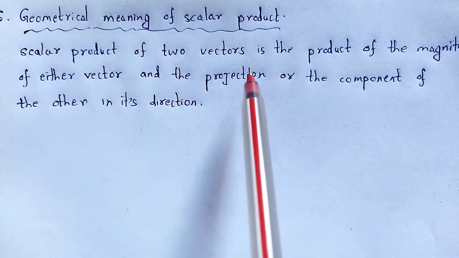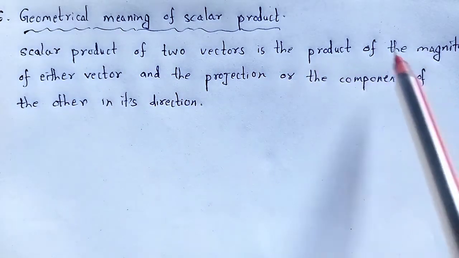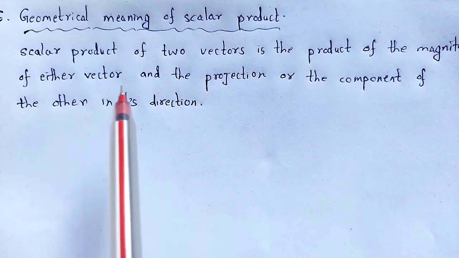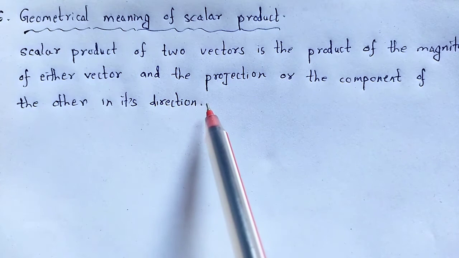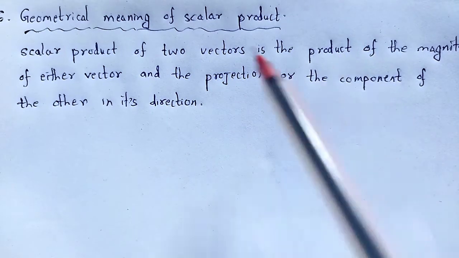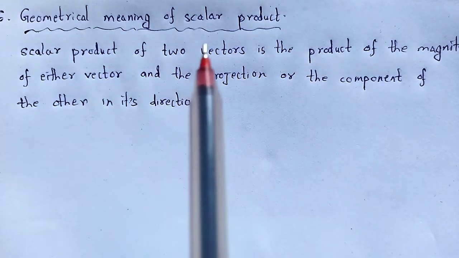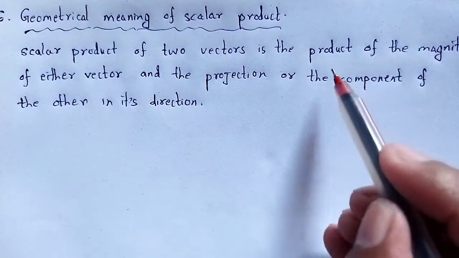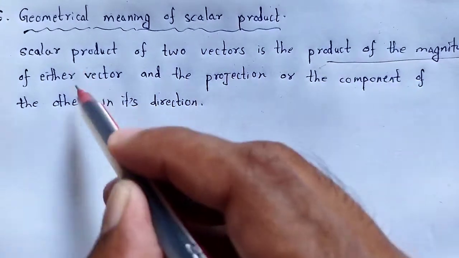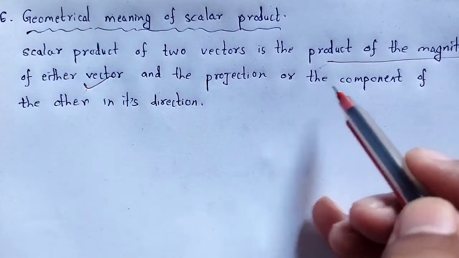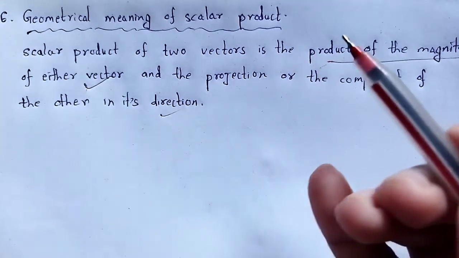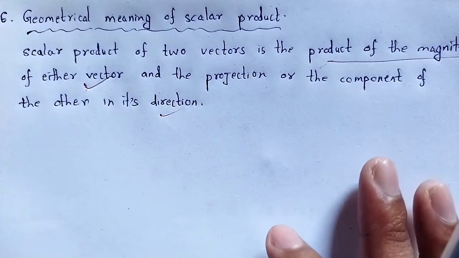Scalar product of two vectors is the product of the magnitude of either vector and the projection or the component of the other in its direction. Again I repeat, let us prove it.